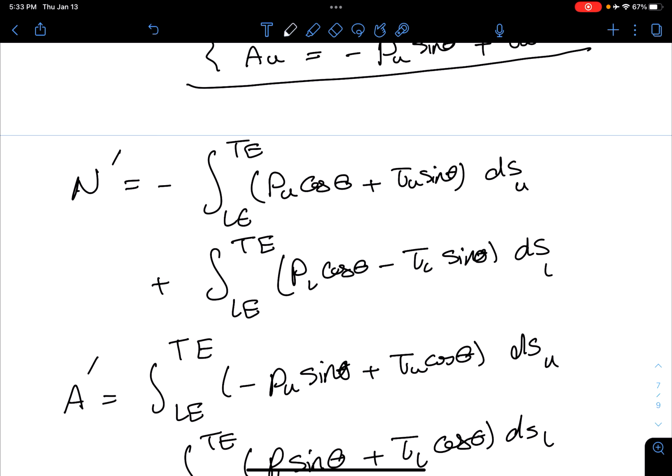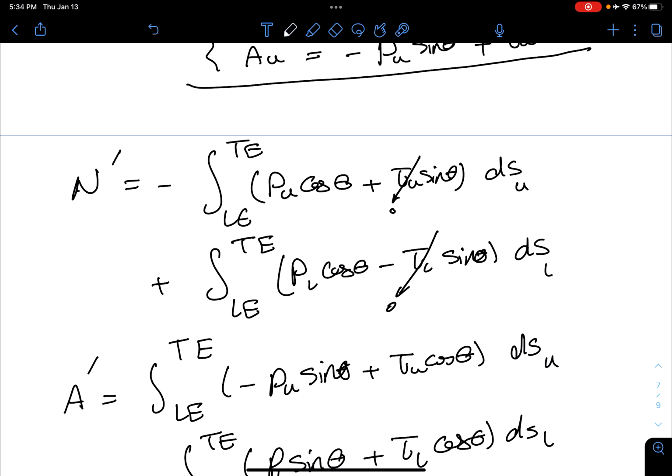Okay, let's solve this together. Let's look at this N prime. What can you say? How can we simplify this? We have the equation in front of us. Eliminate the terms with the tangential force. It's equal to 0. Exactly. So the terms that have tau are going to 0.